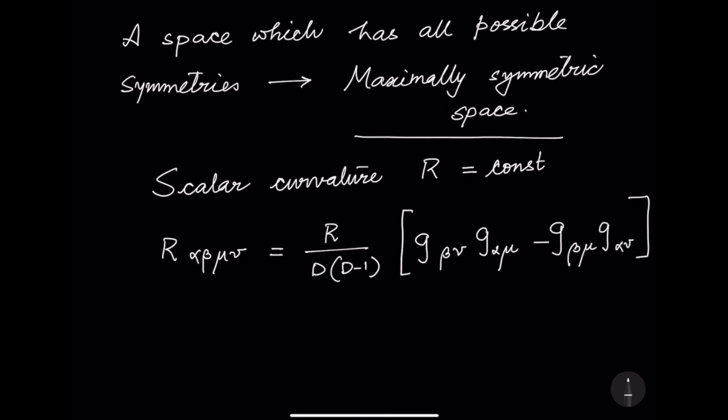Okay, so this is a very simple form, and the Ricci is even simpler. Once you know this, you can get to this easily. And that R is a single number for the maximally symmetric space.